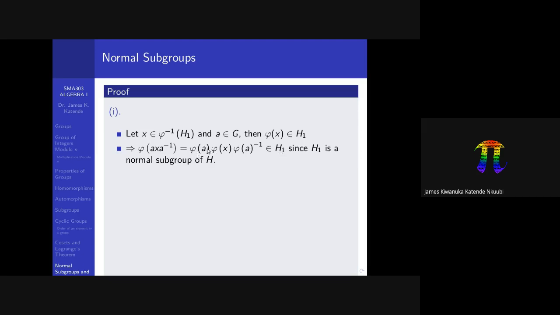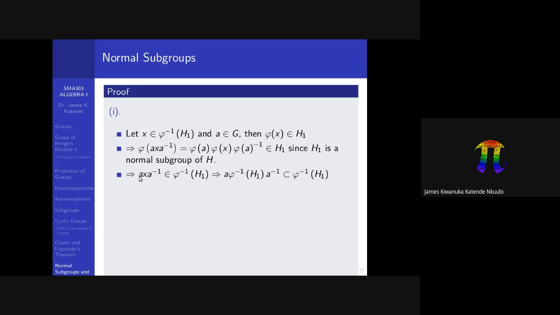So remember, these are elements. The image of A is an element of H, and so is its inverse. And this is some element in H1. So this statement is true for all elements in H1, since H1 is a normal subgroup of H. So therefore, since this element is mapped onto some element in H1, then it must be in the preimage of H1, right?